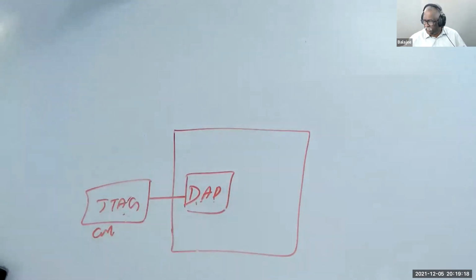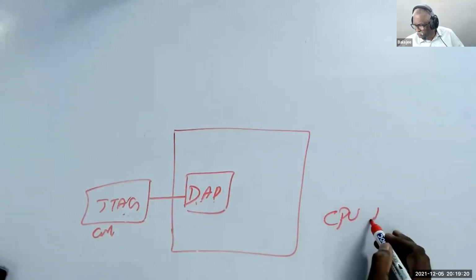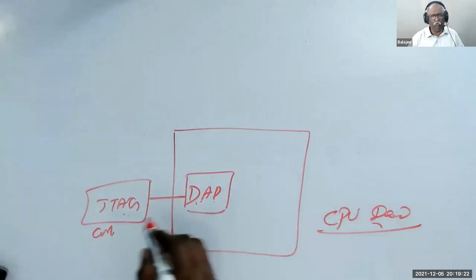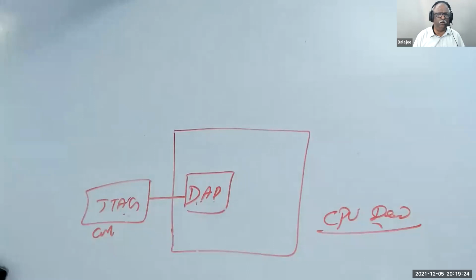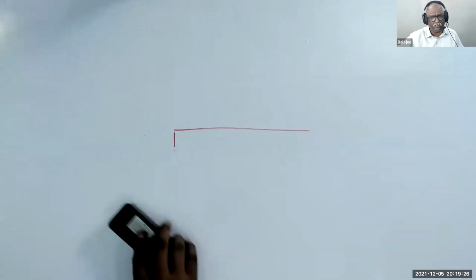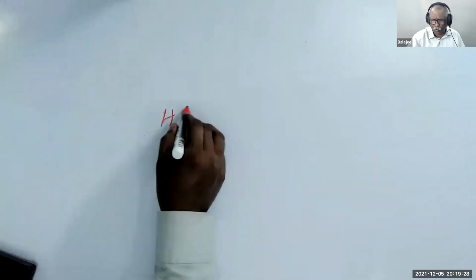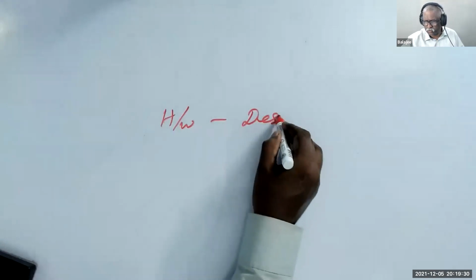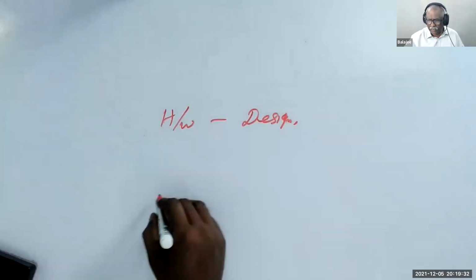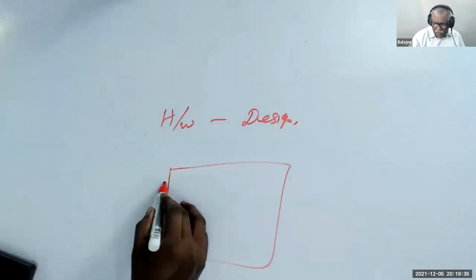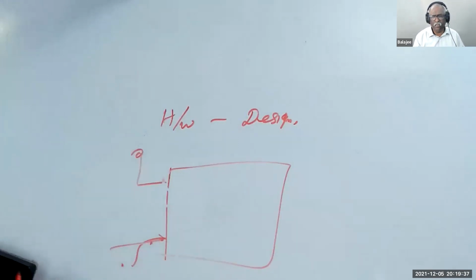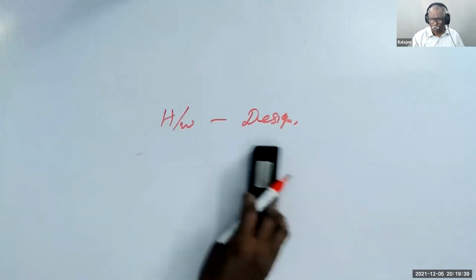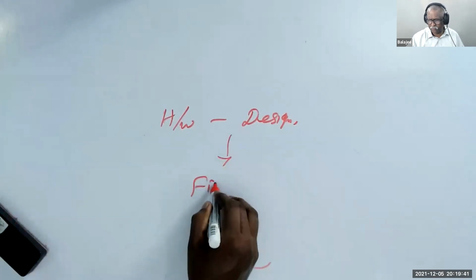That means that even if the CPU is dead, I can debug with the JTAG controller. Let us assume that there's a hardware engineer who designed the board. And he tested that power is coming, clock is coming, everything is coming. But he has given the board to you, the firmware engineer.